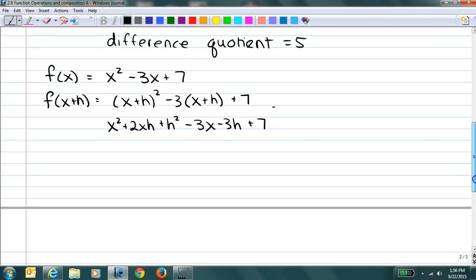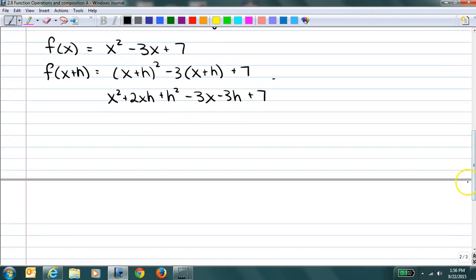So when we go to the difference quotient, f of x plus h minus f of x over h, golly, that's going to be that long, ugly thing.